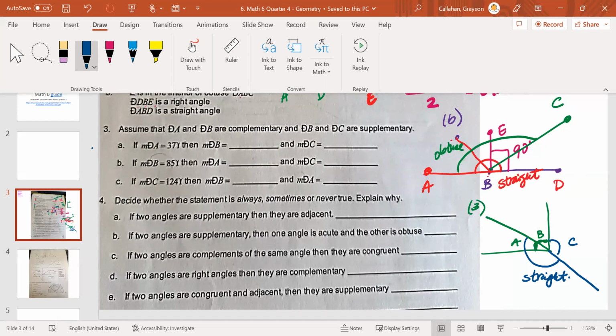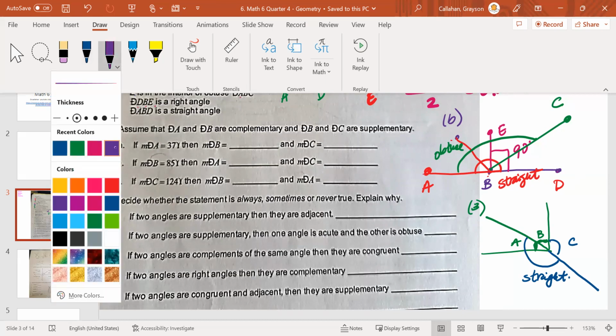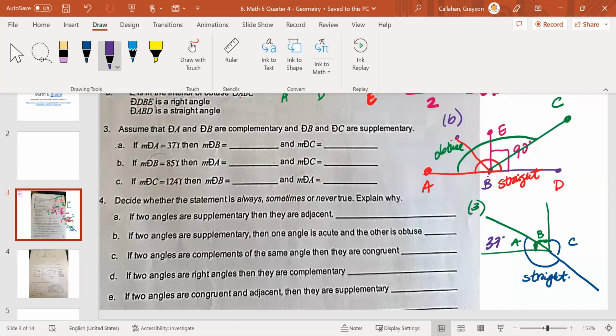If angle A equals 37, did she go over any of this with you? If A equals 37, then angle B is 90 degrees minus 37 degrees. Okay, so you figure that out. You understand? Angle C, well, I would need to figure out what angle B is.